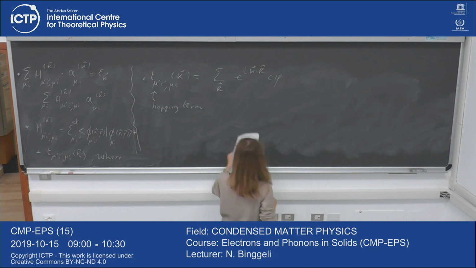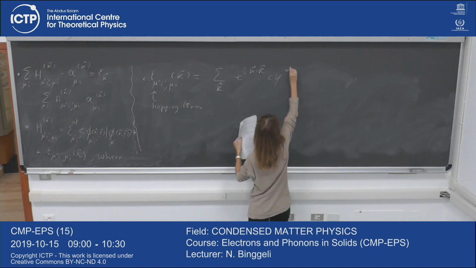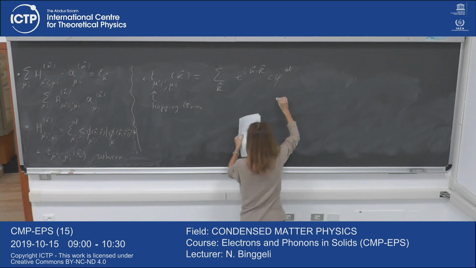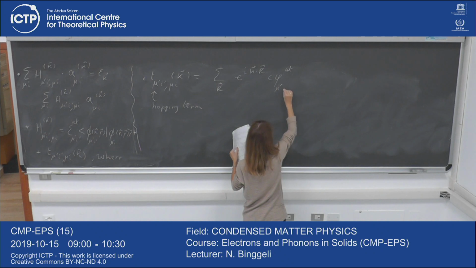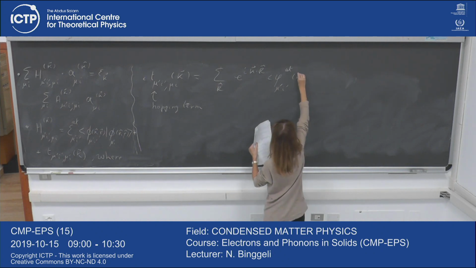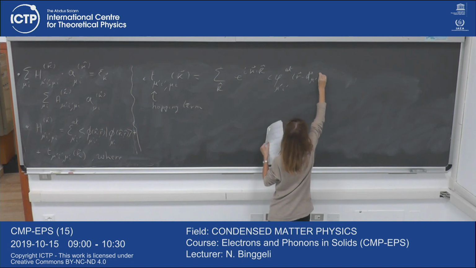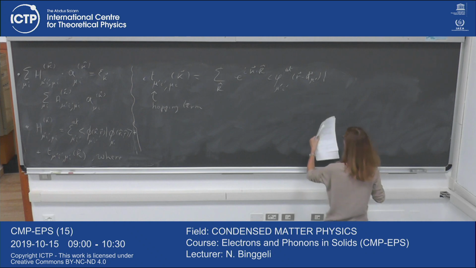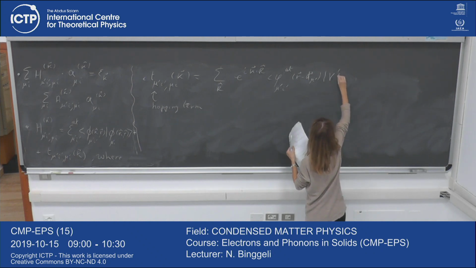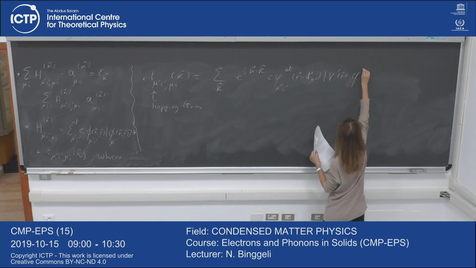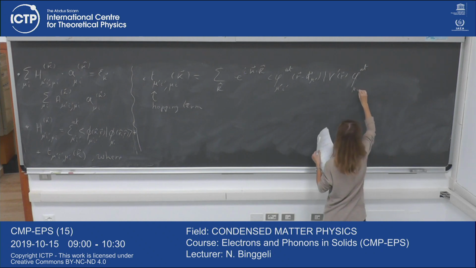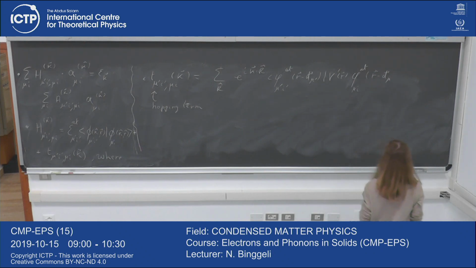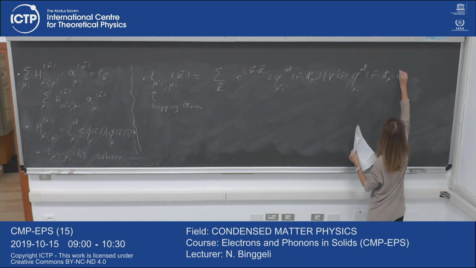The hopping comes from the fact that we evaluate between atomic orbitals on different atoms the matrix element of the crystal potential. So this is the atom mu prime, orbital I prime. It's the matrix element between this orbital on the atom mu prime, we have the crystal field here, and here it's the atomic orbital for the atom mu I, sitting on the position d mu in the cell R.